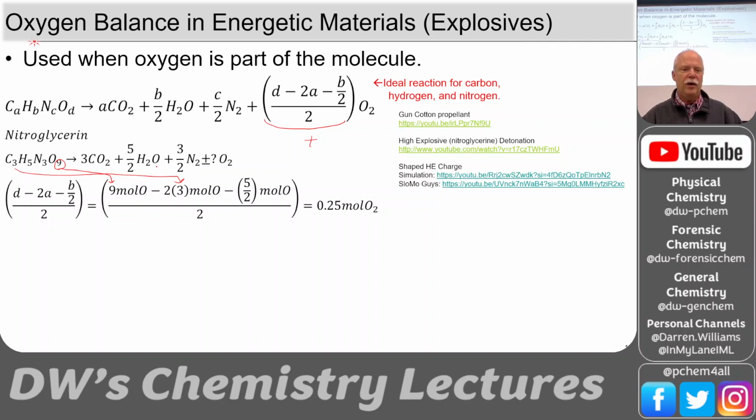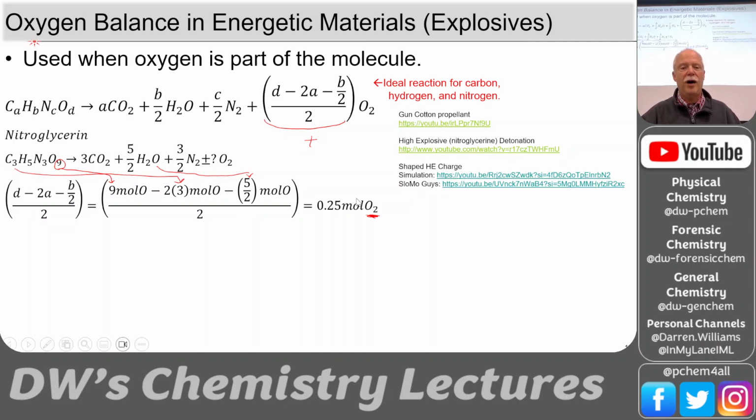And then we're going to take away 5/2 moles of those oxygens for the water. Then we divide all that by 2 because we don't get moles of oxygen atoms, we get moles of oxygen gas. If it produces excess oxygen, that's going to come out as O2, and that's going to help push the wall down if we're blowing something up.